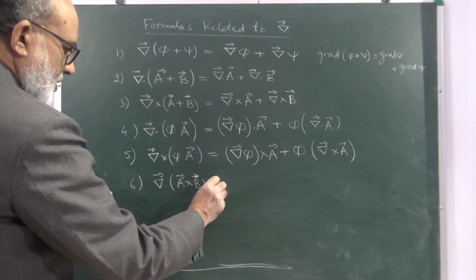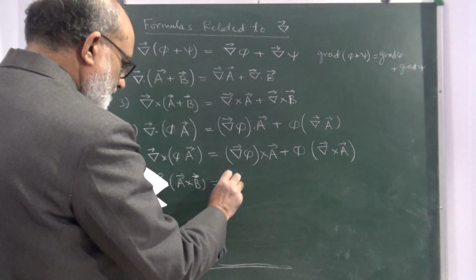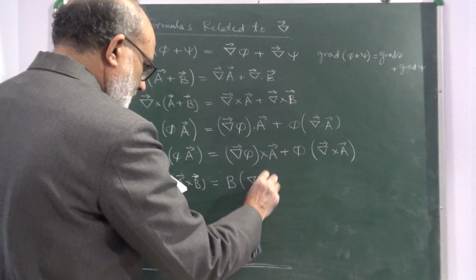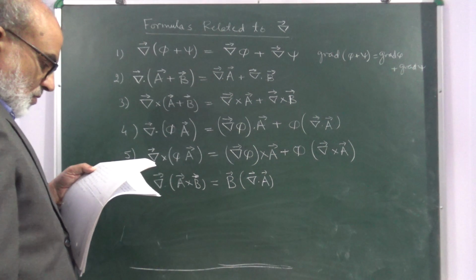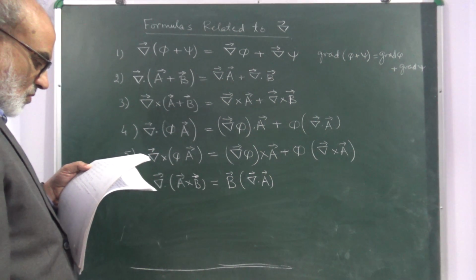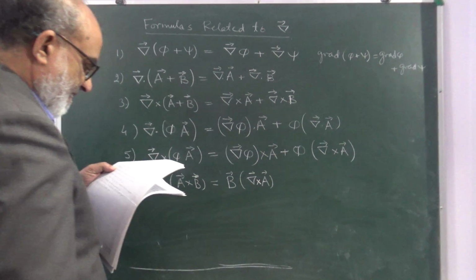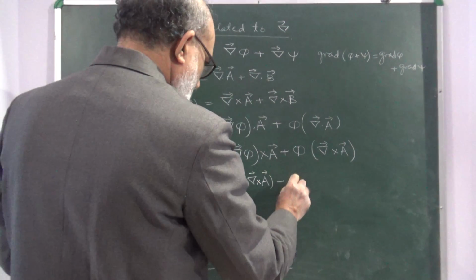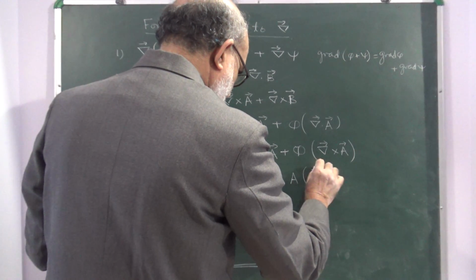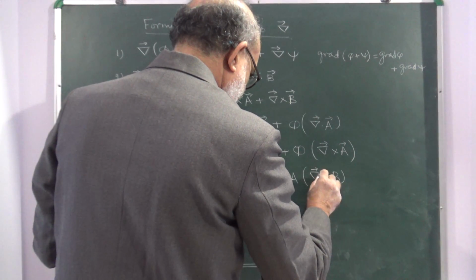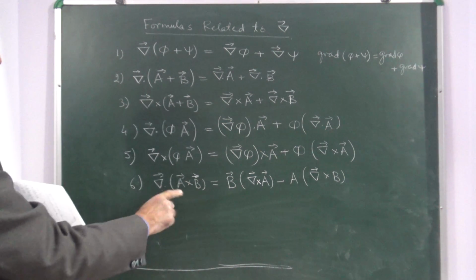So the divergence of A cross B will be equal to B, divergence of A, what's curl of A, minus A, curl of B. B curl of A minus A curl of B.